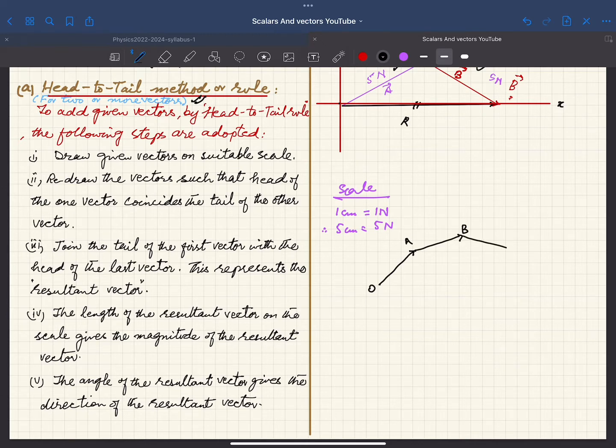Then from B to C. So this is another vector. Then you are coming somewhere here. Suppose this is C to D, and ultimately the resultant vector you are drawing is this vector. So this vector will be the resultant vector, and you have to draw this vector properly.